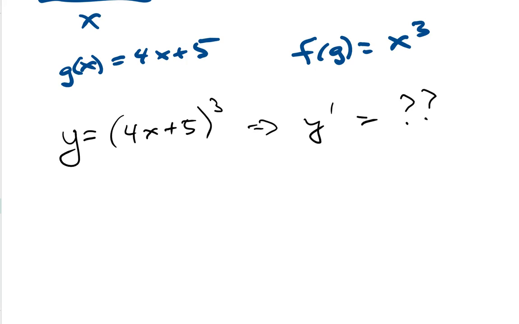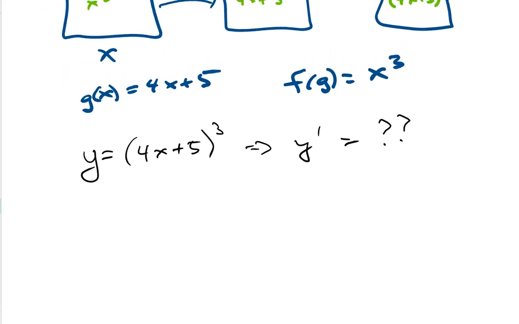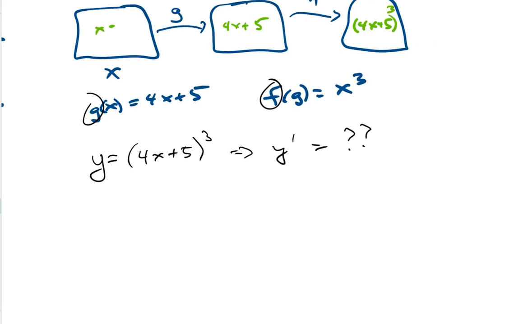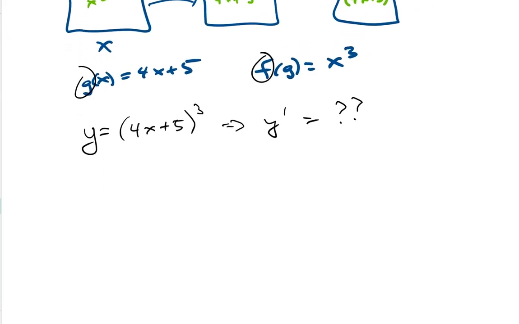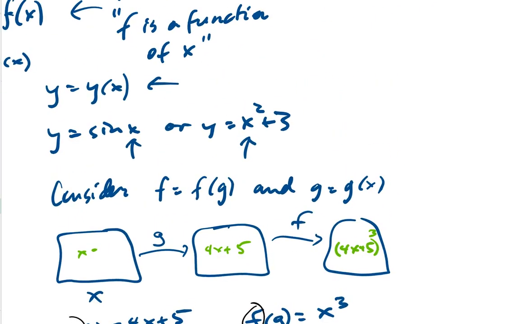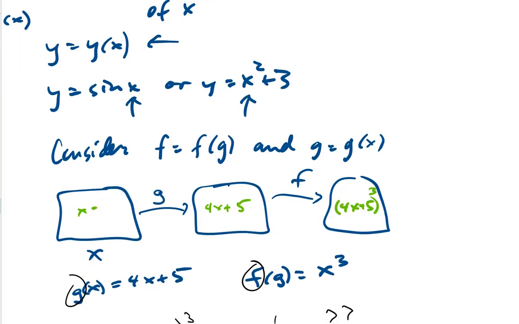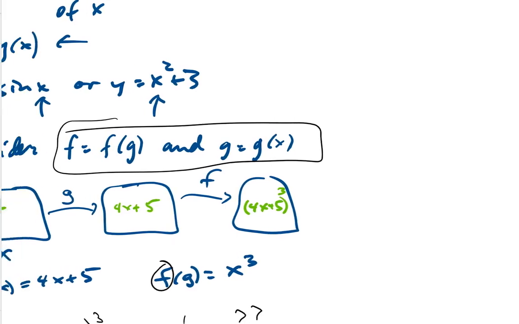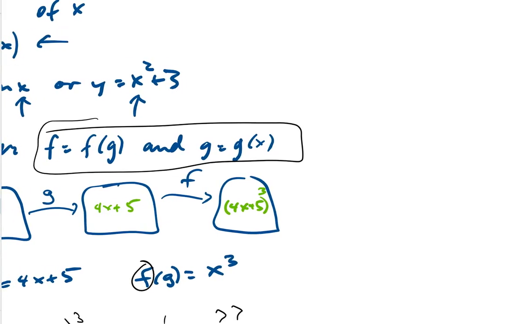So it turns out that in order to take the derivative, you have to see what the main function is, that would be f, and the inner function is g, or the outer function and the inner function if you want. If f is a function of g and g is a function of x, you have to go through g to take the derivative of f with respect to x.